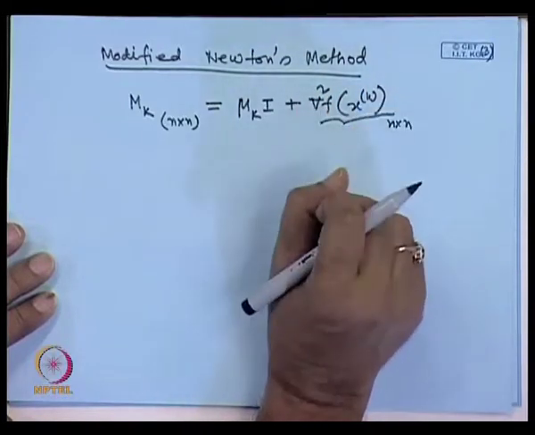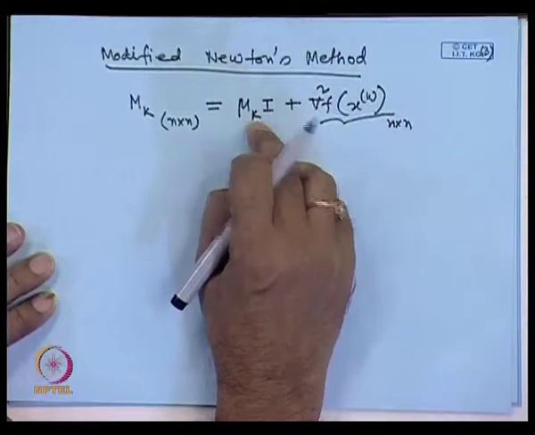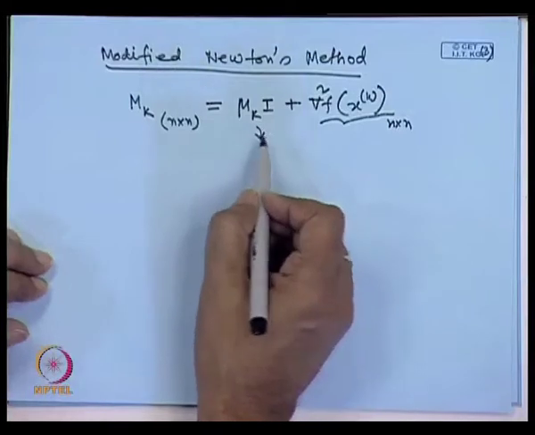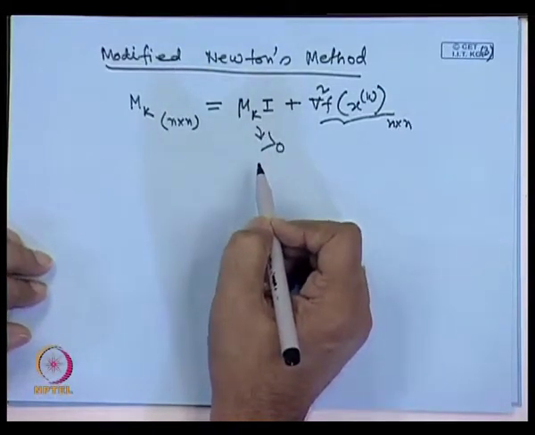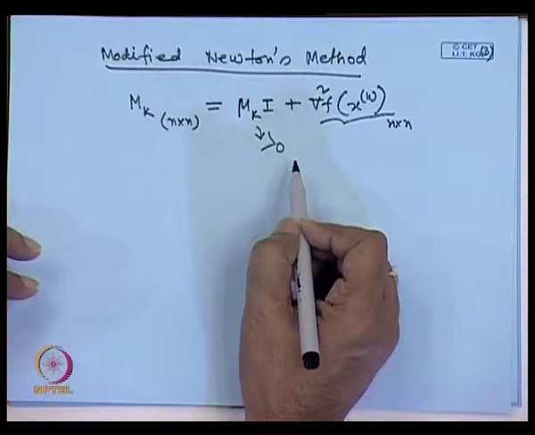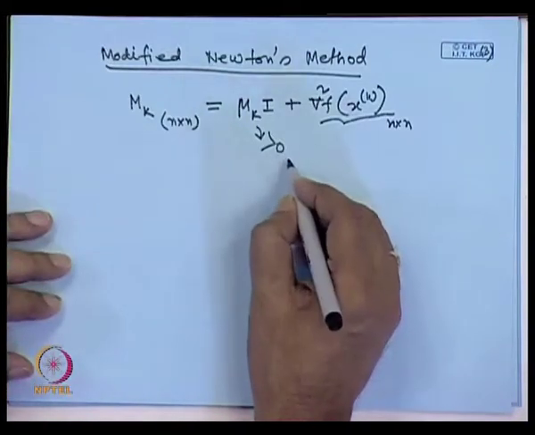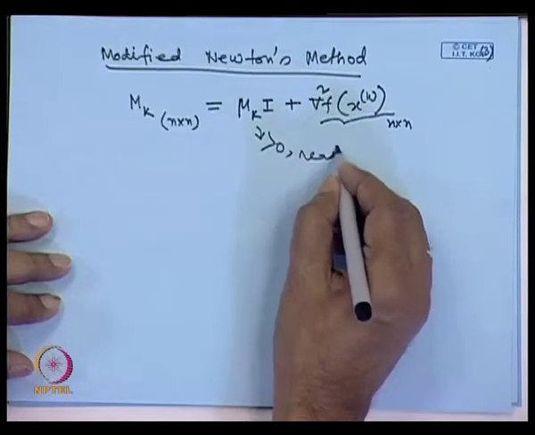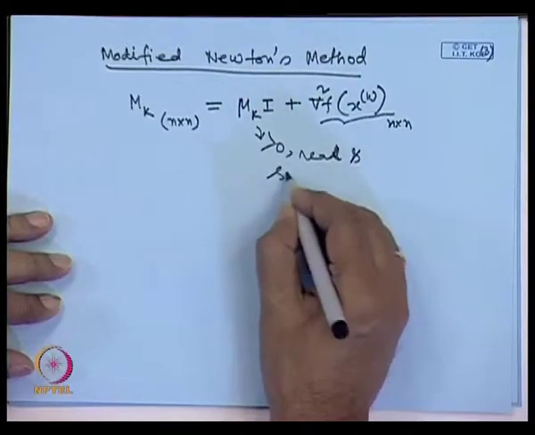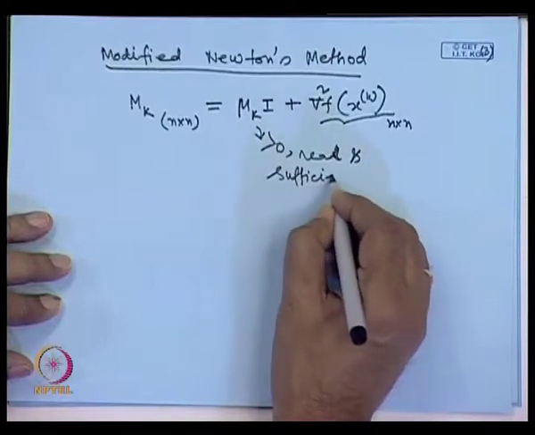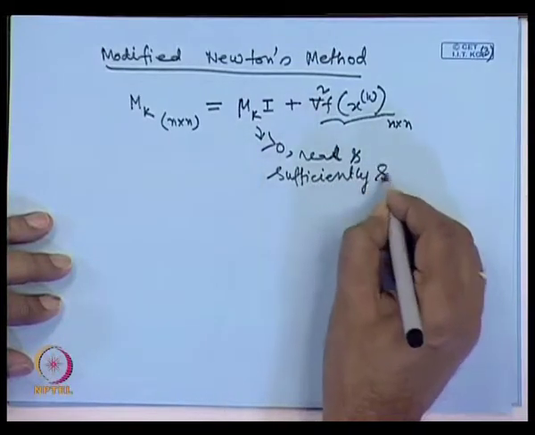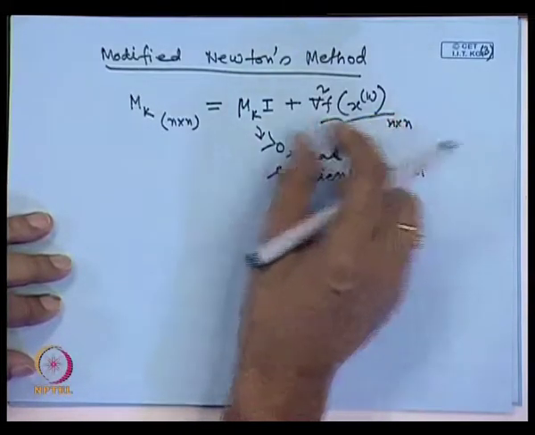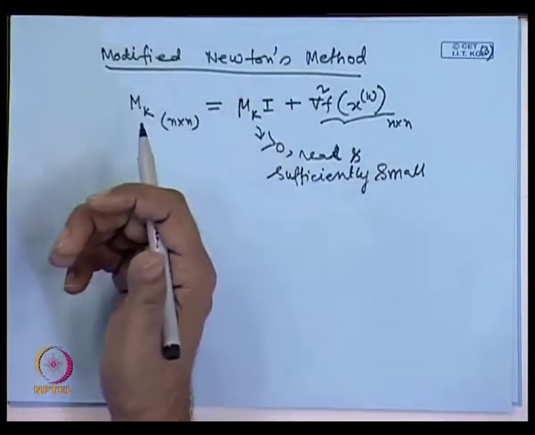Suppose it fails, then you add a diagonal matrix to this, where mu_k is real, greater than 0 and sufficiently small.